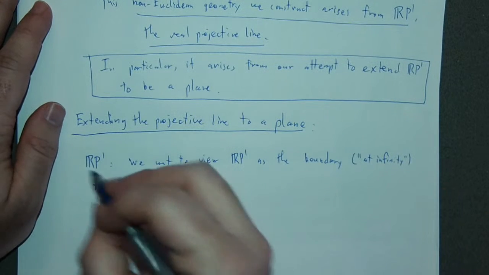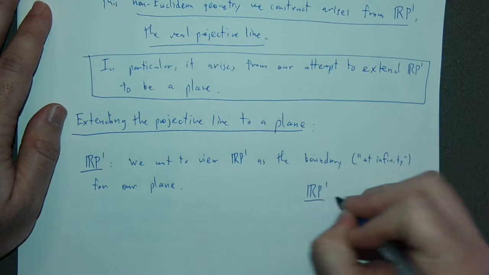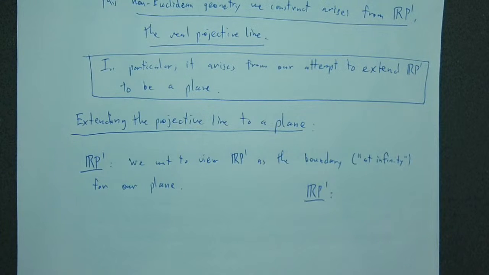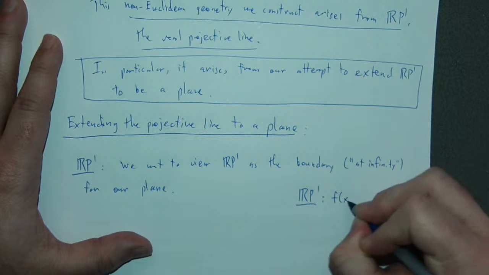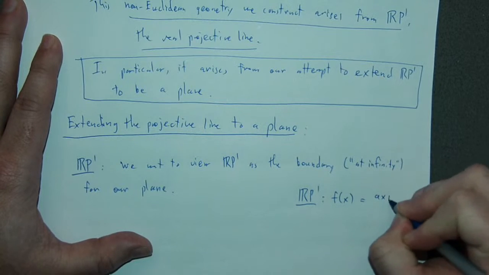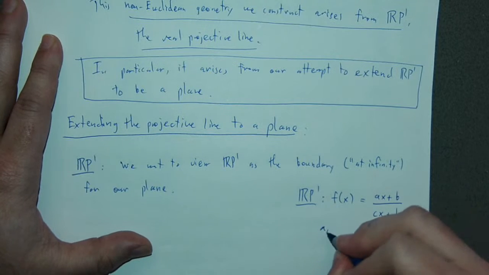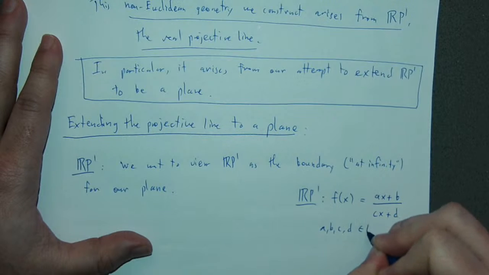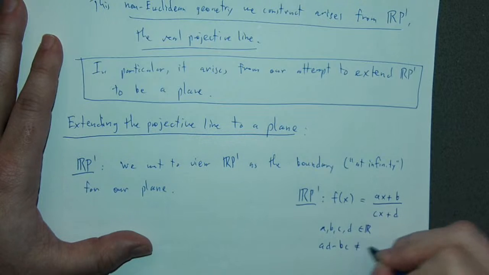But when you talk about RP1, we have some fundamental things. So using our Klein approach, the most important thing for us to consider is the group of transformations. Well, we've already worked out what the group of transformations for RP1 is. These are the fractional linear transformations, right? So our transformations look like this: ax plus b over cx plus d, where a, b, c, and d are real numbers, and we want ad minus bc to be non-zero.